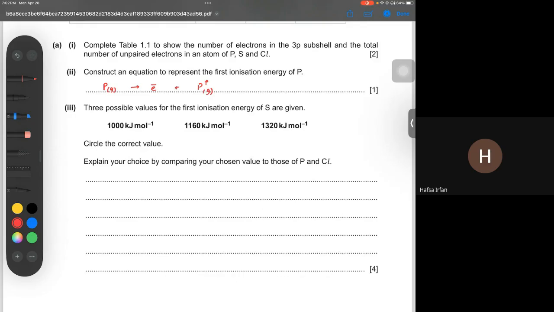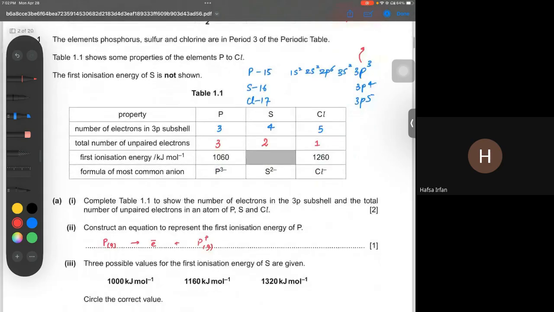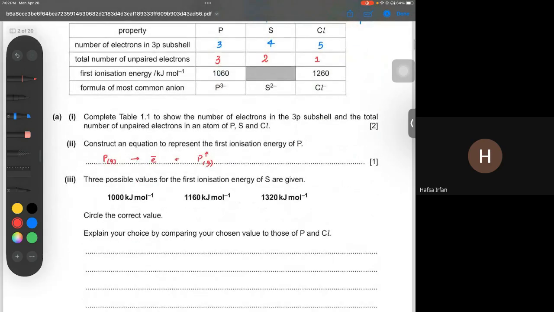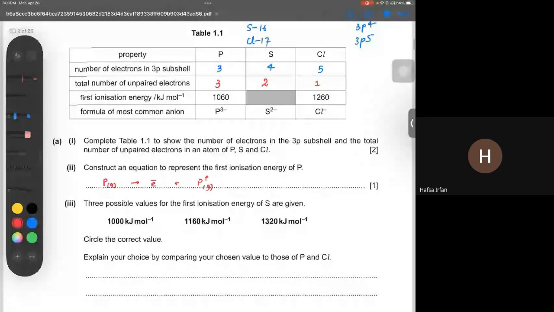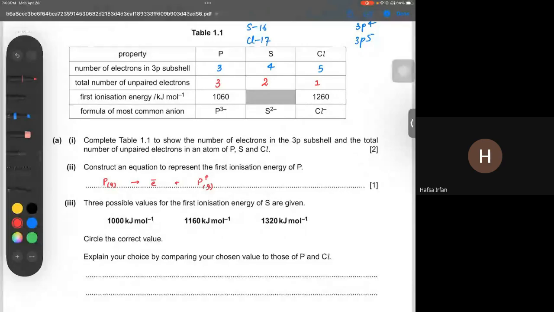They have given you the three possible values for the first ionization energy of sulfur, so circle the correct value. If you remember when we were discussing ionization energy, I told you that there are some exceptional cases between the ionization energy of phosphorus and sulfur.